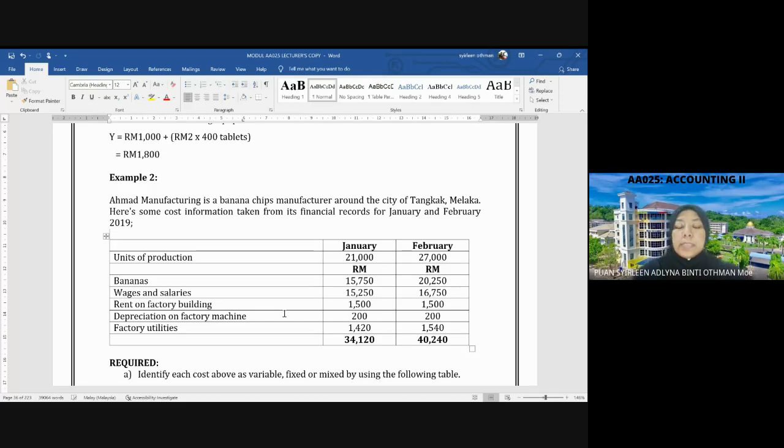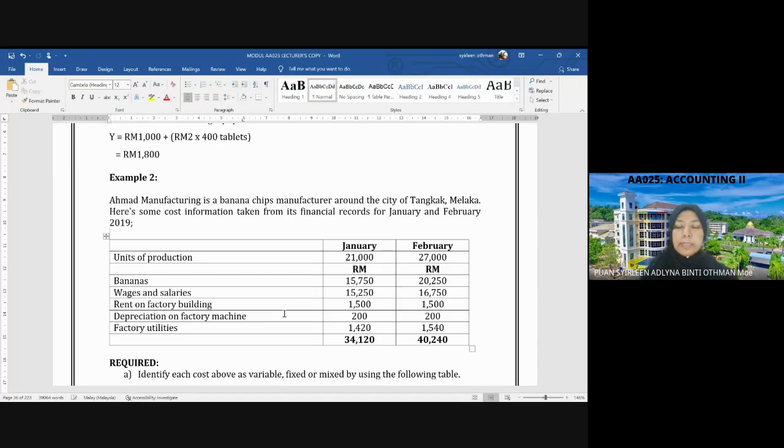Okay, so sekarang ni ada lebih dari satu cost. Just now was easy sebab dia memang bagi you mixed cost. So bila you tahu dia mixed cost, sebelum awak boleh form the equation, you just segregate saja. Sekarang sebelum saya segregate, saya kena tahu dulu yang mana satu daripada 5 ni adalah fixed, mixed or variable.